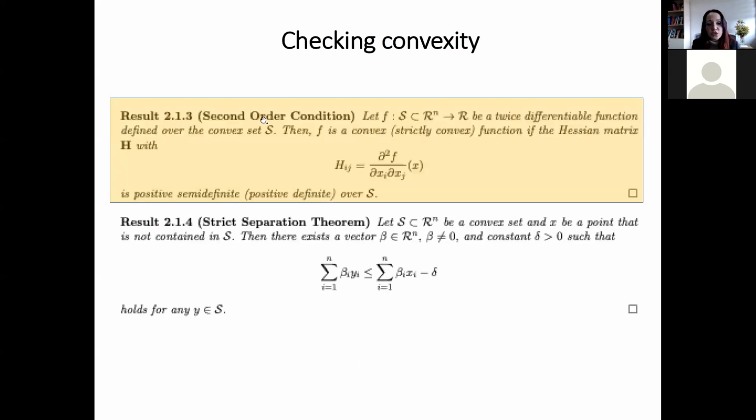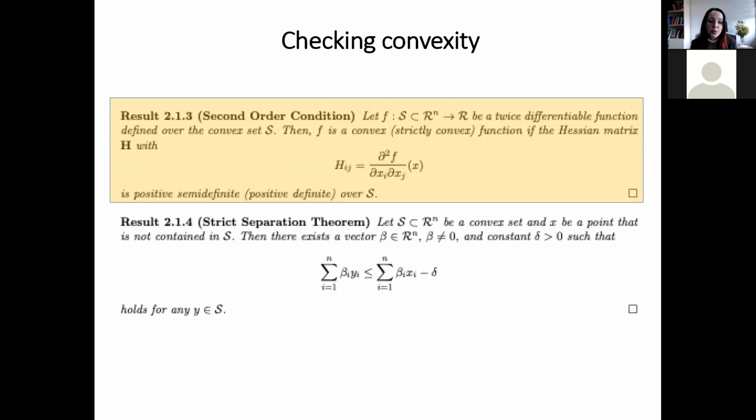Now, a second order condition for checking convexity is using second derivatives. In general, when we have a vector valued function, we will compute the Hessian matrix. The function f is convex if the Hessian matrix is positive semi-definite over all values in S. So the Hessian corresponds to the second derivative if we had a one-dimensional function.